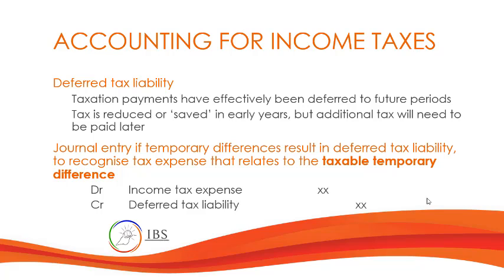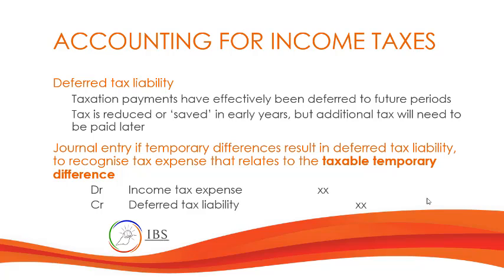So as I mentioned a while ago, you are paying tax, but the payment of tax may not be equal to the recognized expense. So in effect, you are saving something, but it doesn't mean that you will save it and it becomes an income. It is actually becoming a tax payment, or will become a tax payment in the future.